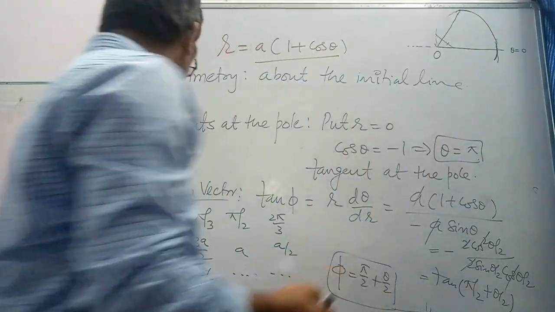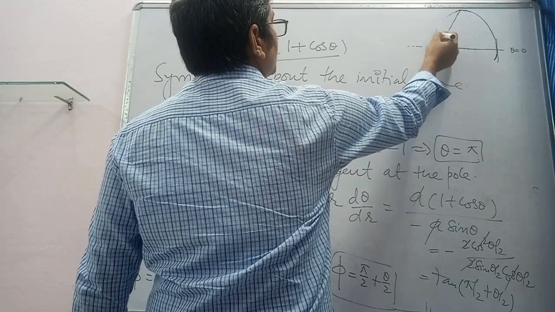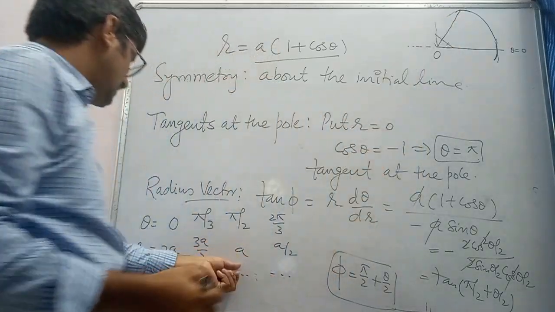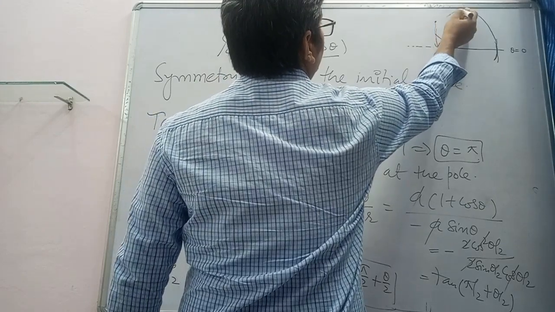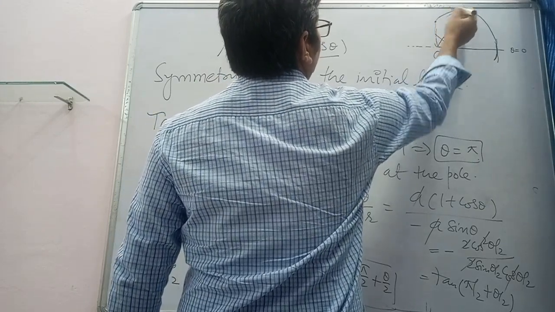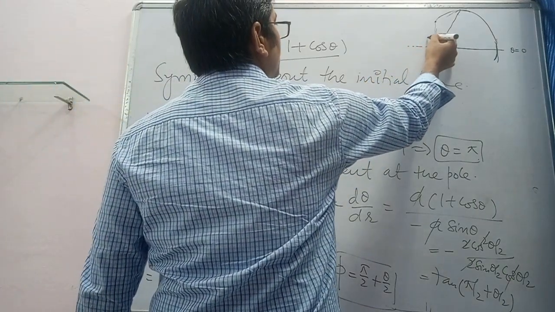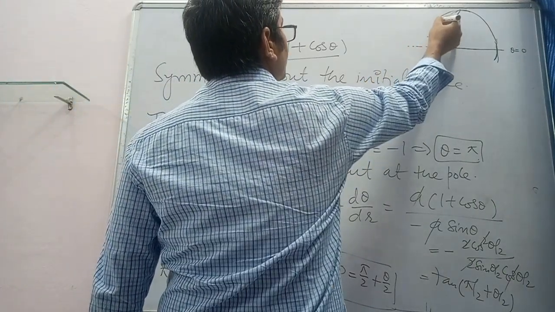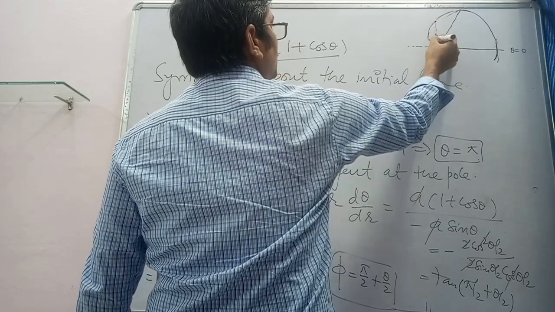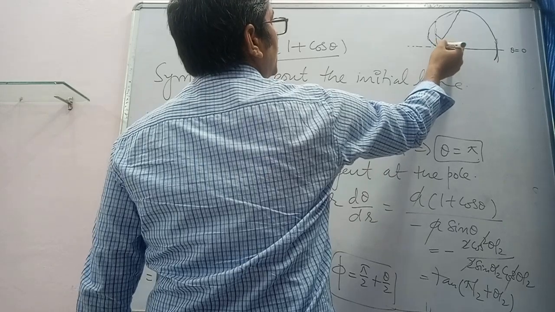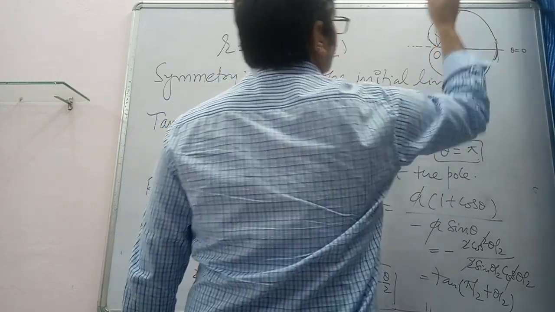And similarly, at theta equal to 90 degrees in this direction, r is a, half of this length, almost this one, join this one. At theta equal to 2 pi by 3, which means 120 degrees, the length is again half of this, and at this point the curve should start from here, and with the help of the symmetry we can trace this curve like this.